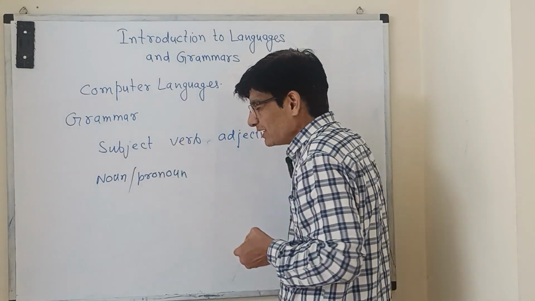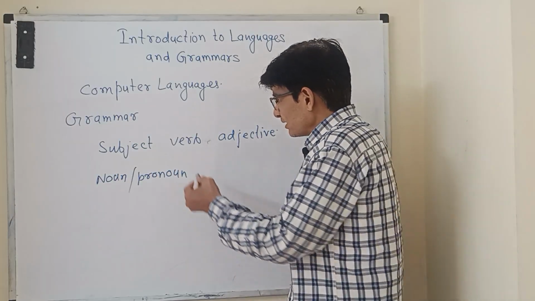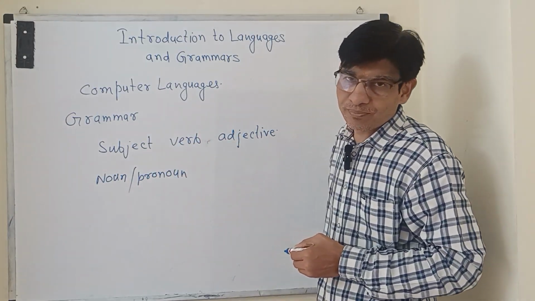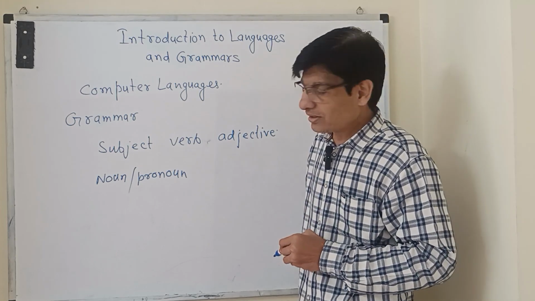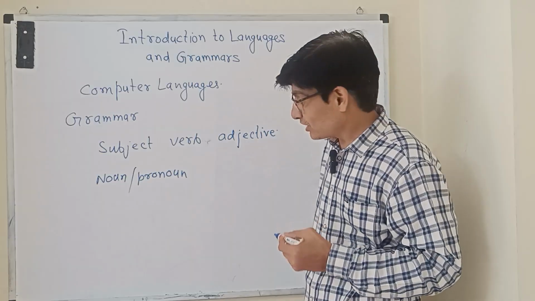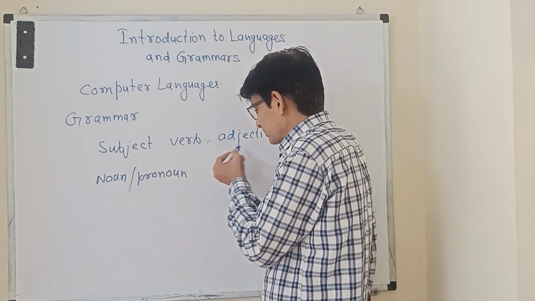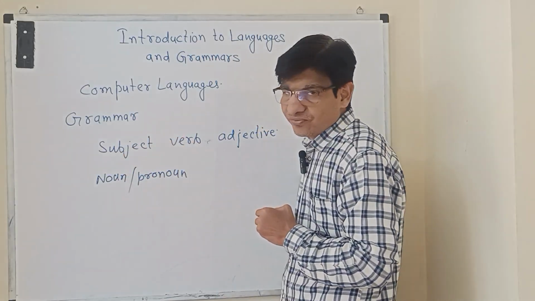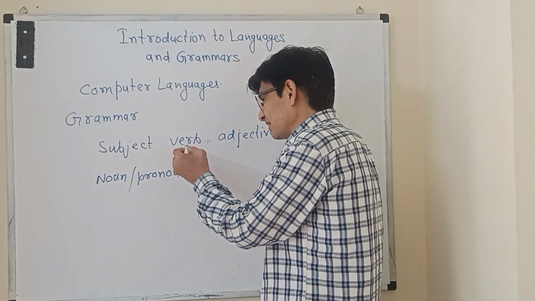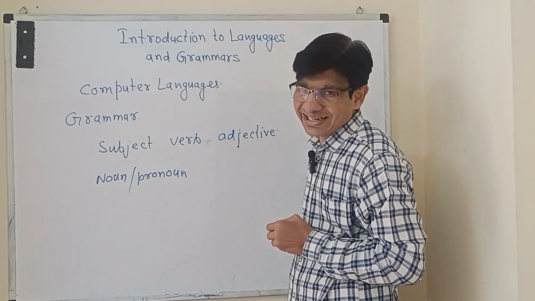This subject may be replaced with some noun or pronoun, and this verb can also be replaced with some particular word. Now, adjective may have different meanings. So in this particular sequence, subject comes first, then it is followed by verb, and then by adjective.